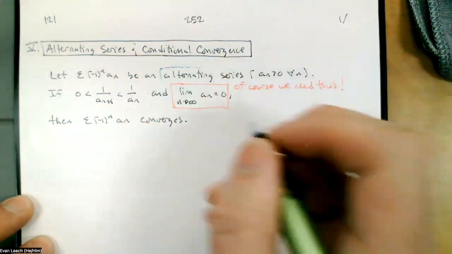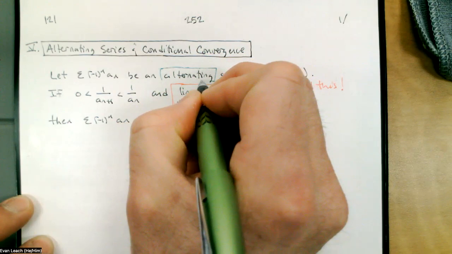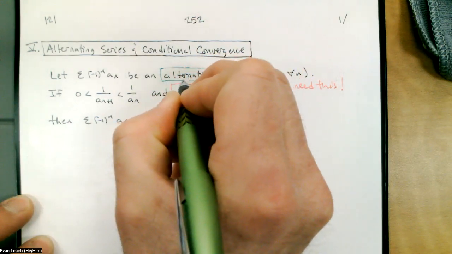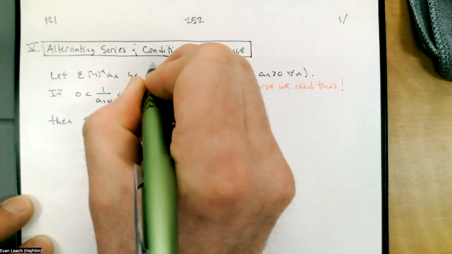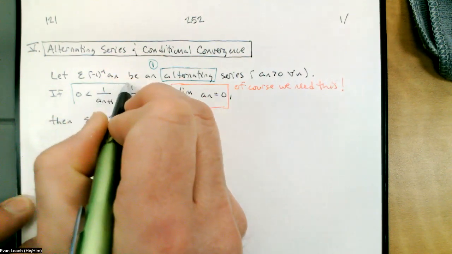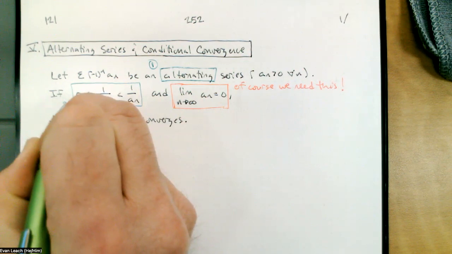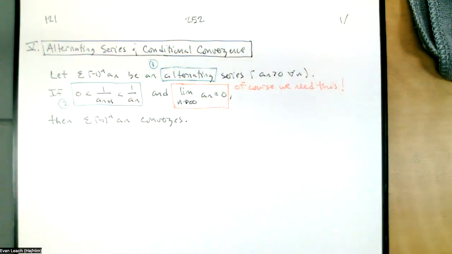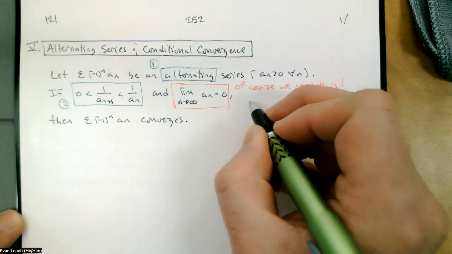I think I had some wonky numbering last time. So the way we really want to think about this is that if the terms alternate and decrease, then we get convergence, along with our necessary condition that the limit of the terms be 0. We've met our necessary condition that the limit of the terms is 0, alternating and decreasing.